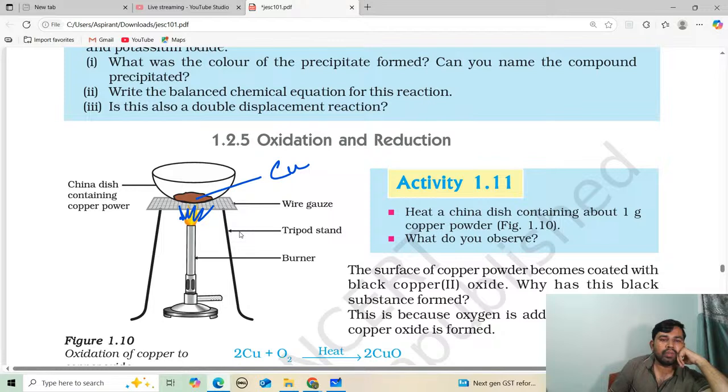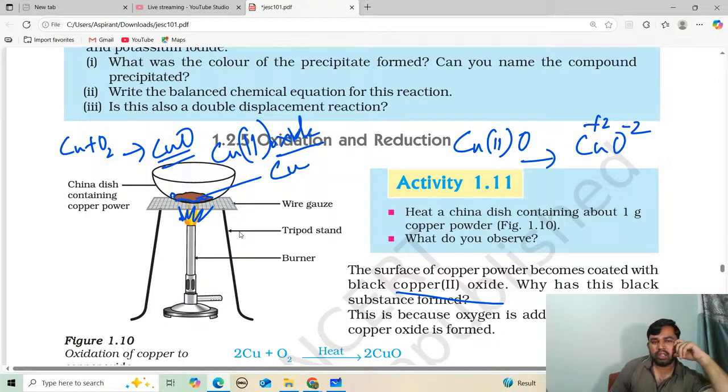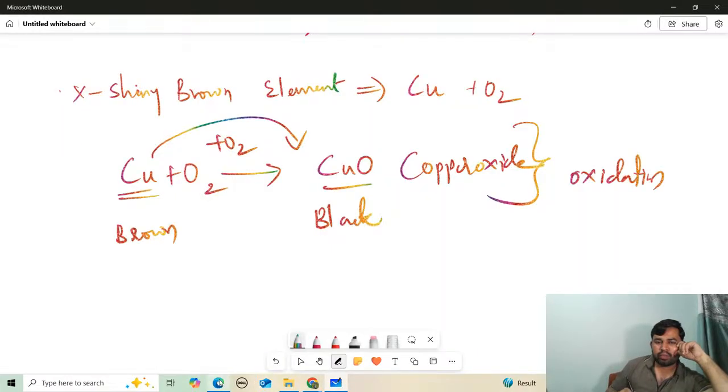The surface of the copper becomes copper oxide. In copper oxide, Cu is plus 2 and oxygen is minus 2. So copper to copper oxide is oxidation. This activity shows the brown colored metal. Next question.